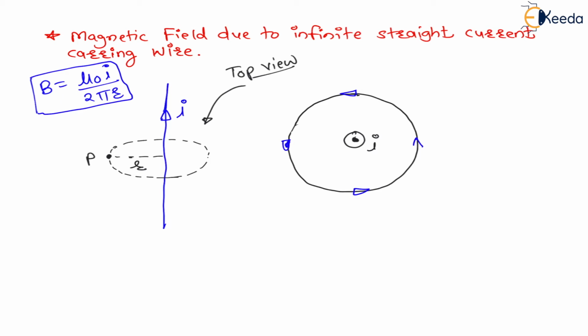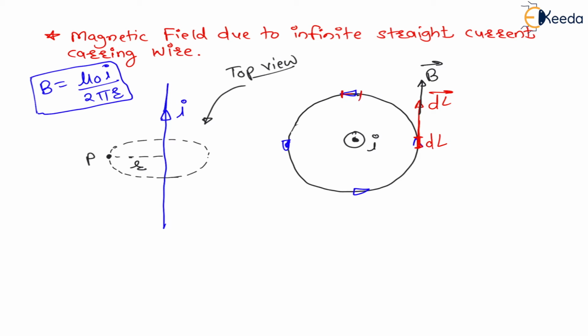Now my dear students, on this loop, if I consider a very small elemental length dl, this tangential will be the direction of dl, and the magnetic field direction is also the same, in the direction of rotation of the loop. Magnetic field lines are closed loops. Already we have seen in previous lectures, right?